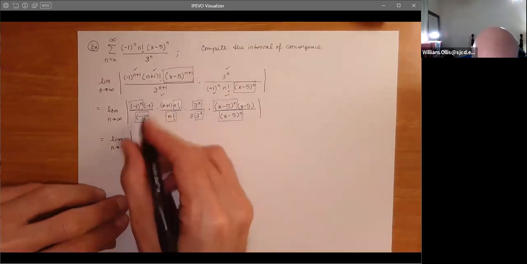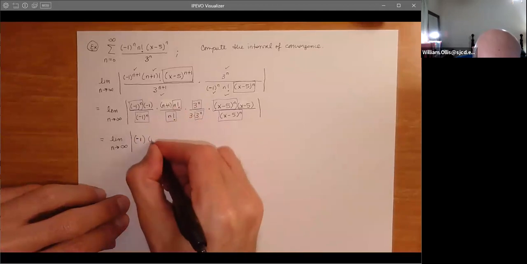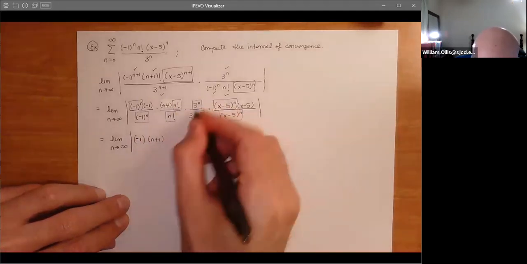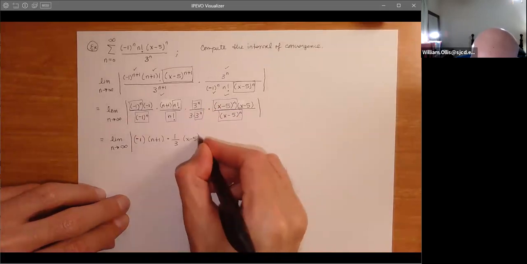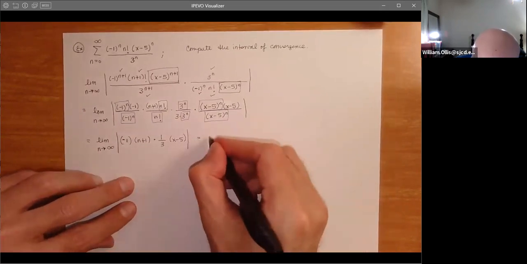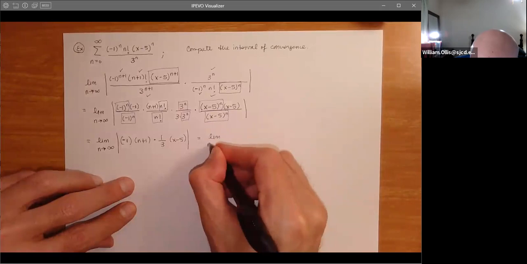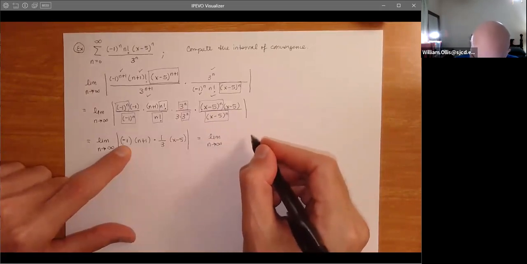So notice we have a -1 here. And here we're left with an n plus 1 as we just move to the factors. Then we have a 1/3. And then, of course, we just have the x minus 5. These are the surviving terms, so to speak. Now we apply the absolute value. We have the limit as n passes to infinity. The absolute value of -1 is 1.